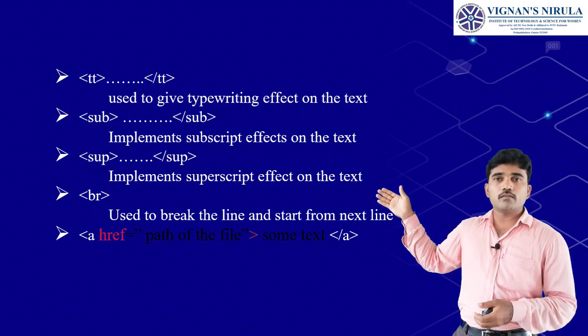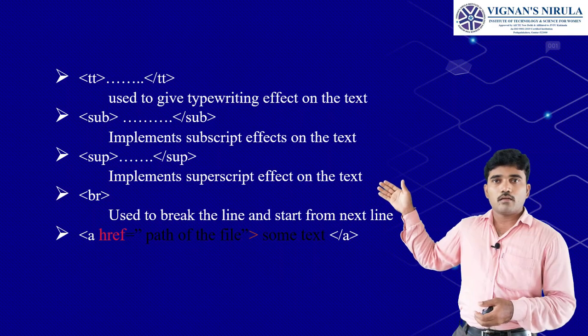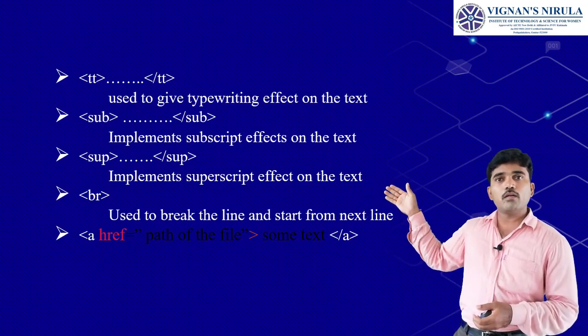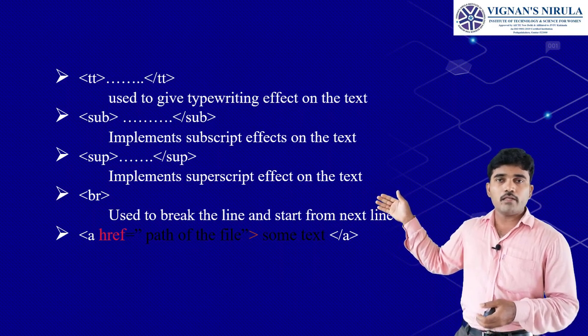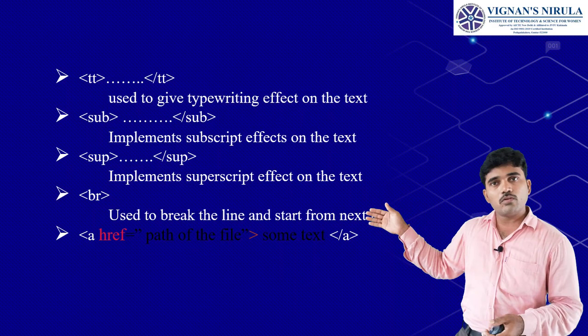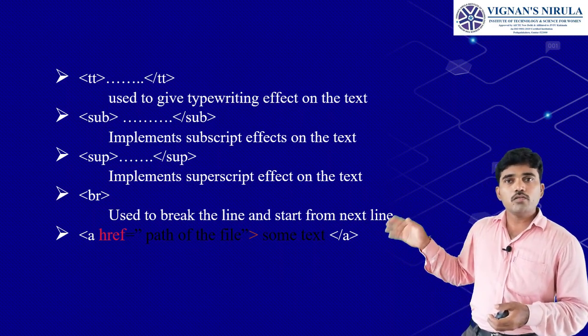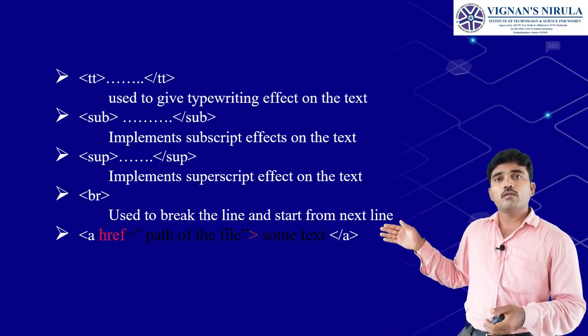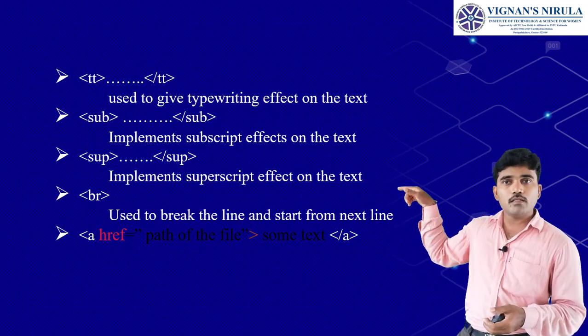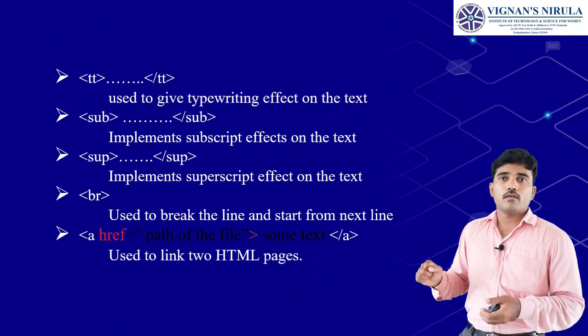While we were discussing the introduction to the World Wide Web, I said it was developed by Tim Berners-Lee, and he used hypertext. Because of that hypertext, each new page of information was linked to an existing page. That is possible with the help of this A tag only.